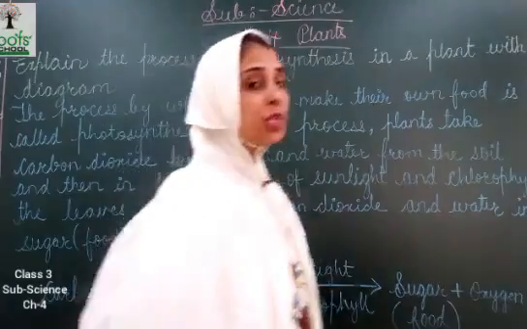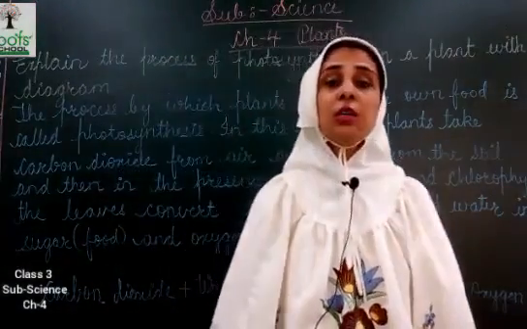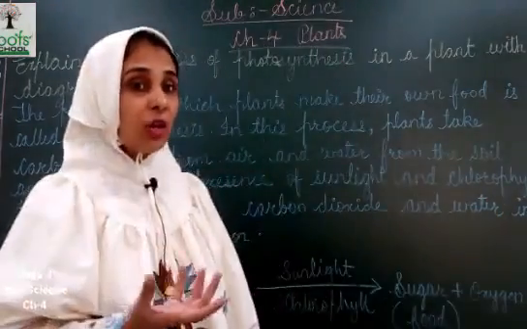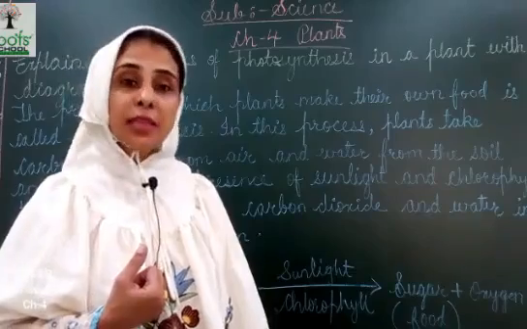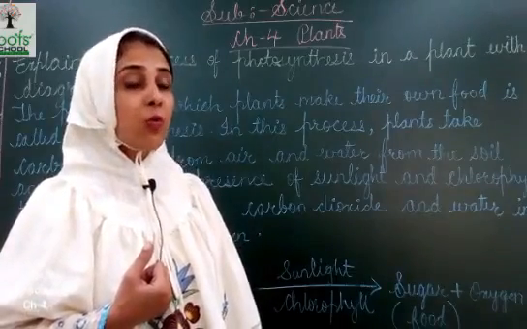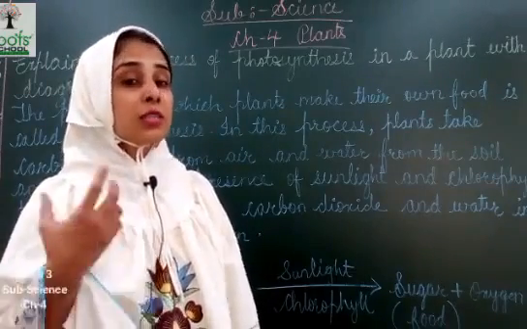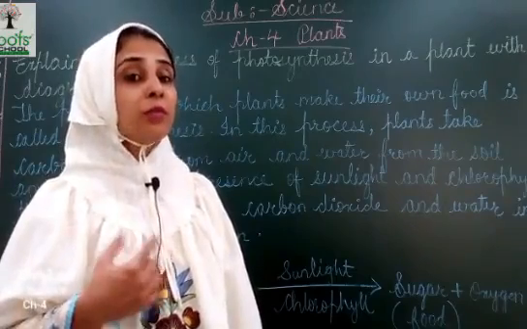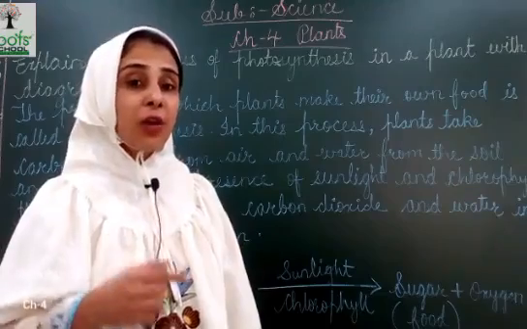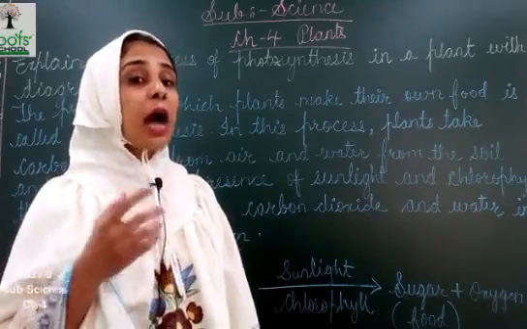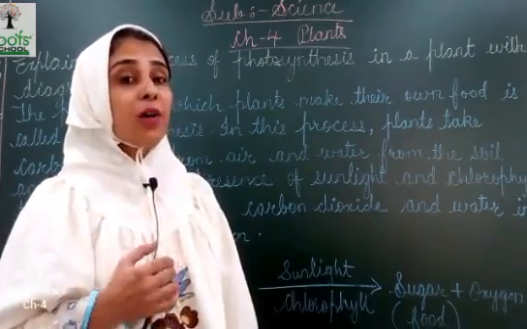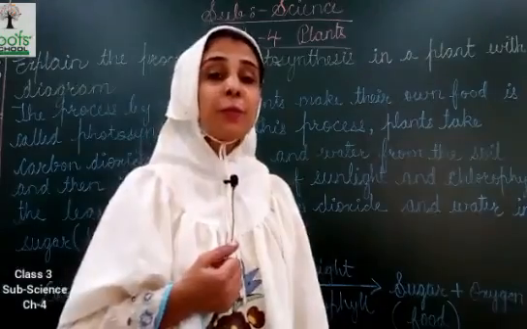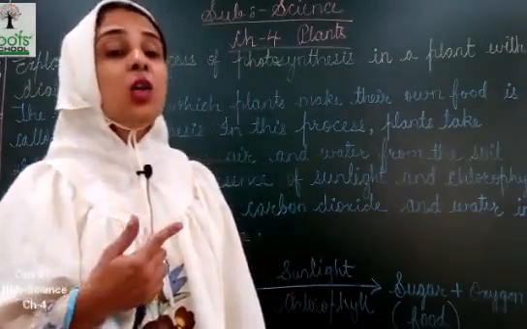Where does the photosynthesis process take place? In the leaves. They take in sunlight, and in presence of sunlight and chlorophyll, they take in carbon dioxide. And water, from where does it take? It takes water from the soil.